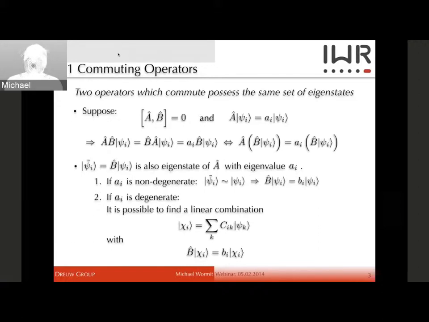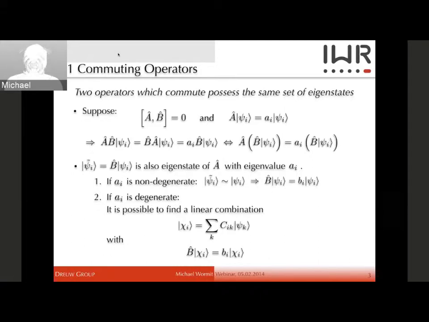Essentially, you build up your matrix C ik, and then you get a system of linear equations for this matrix. There's one condition for these matrix elements, which is that this matrix C ik is unitary, and you can directly show that this is the case. This is more or less a sketch of the proof for this theorem.